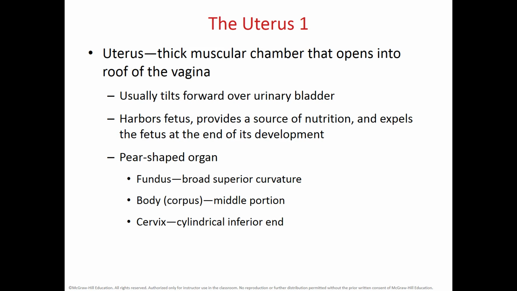It has a dome-shaped upper region that is called the fundus, a mid portion that is called the body or the corpus, and then it has this extension coming off from the body that enters into the vagina that is called the cervix. The normal position of the uterus is anteroversion, or tilting forward over the bladder. It shouldn't be tilting so much forward that it will compress the urinary bladder.